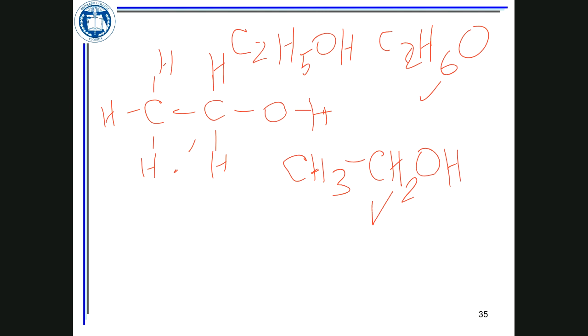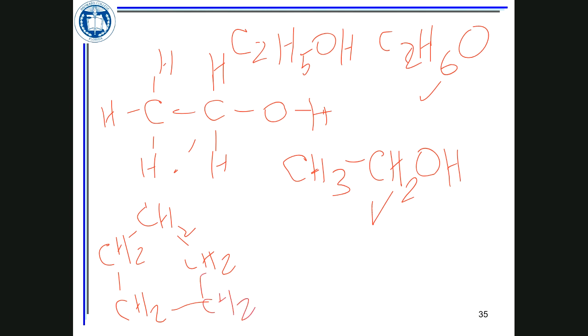So instead of me writing CH2, CH2, CH2, CH2, and CH2, basically, these are single bonds. This form is called a cyclic molecule because carbons are forming a closed chain here.